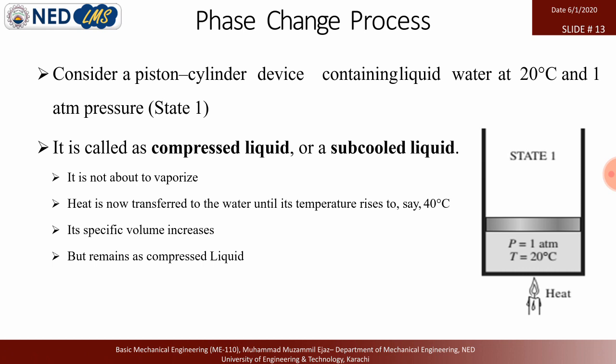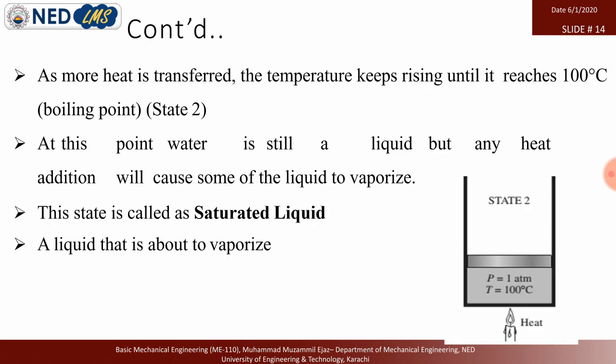We also completed this slide: when we heat the water at a certain pressure, that pressure is not increasing, it is atmospheric pressure. So water will keep increasing its temperature until 100 degrees centigrade, and after 100 degrees centigrade, even with still heating, that will not increase the temperature of water.